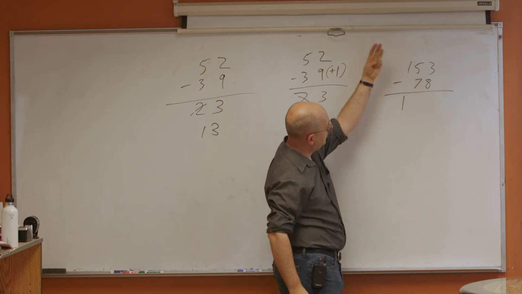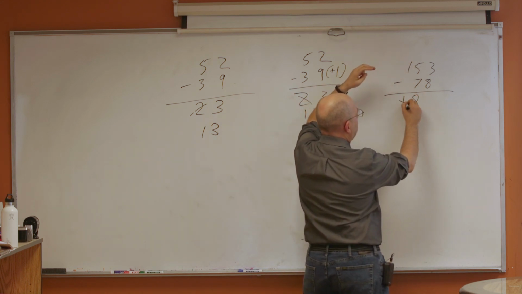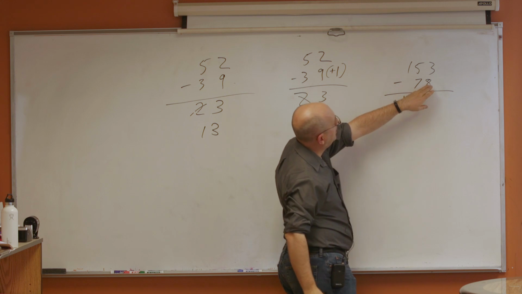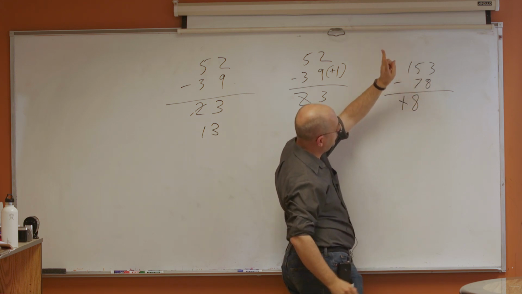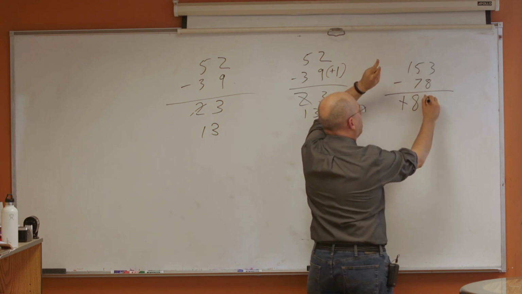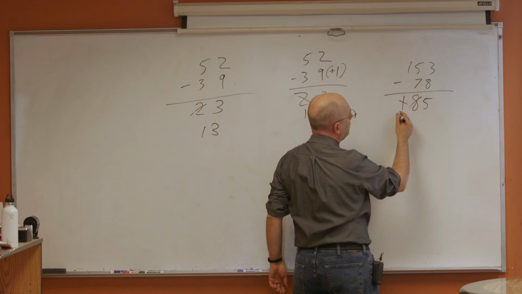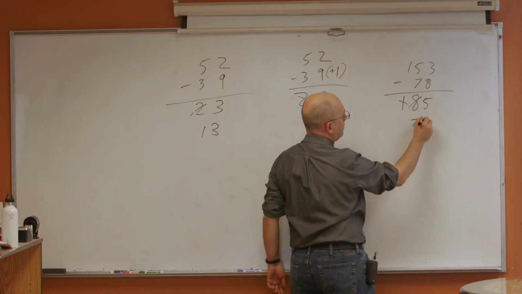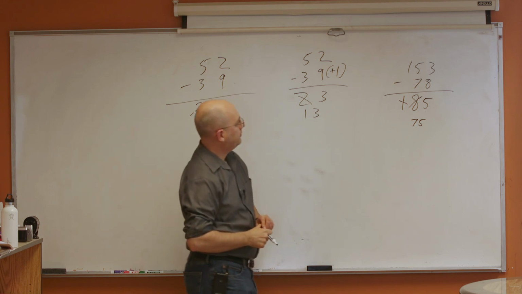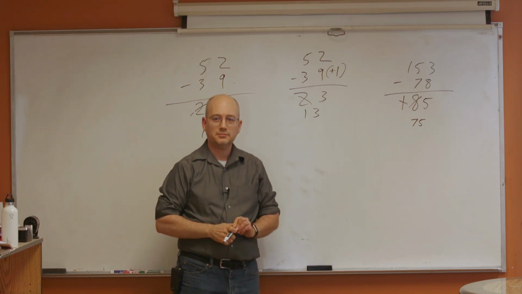So the 7 becomes a 3 in the mind. 3 plus 5 is 8, and we're going to need to slash that. And then the 8 becomes a 2. 2 plus 3 is 5, slash the 8. And so the 1 becomes a 0, the 8 becomes a 7. 75. All right.